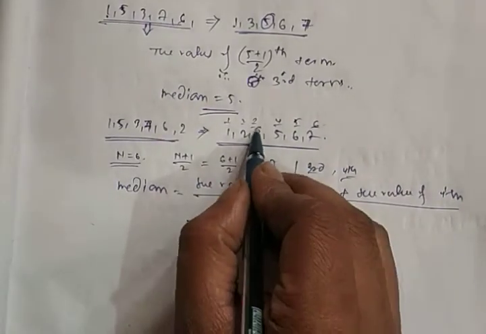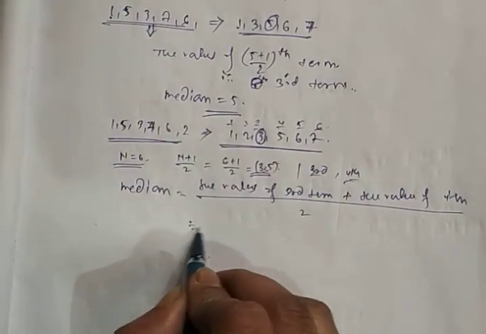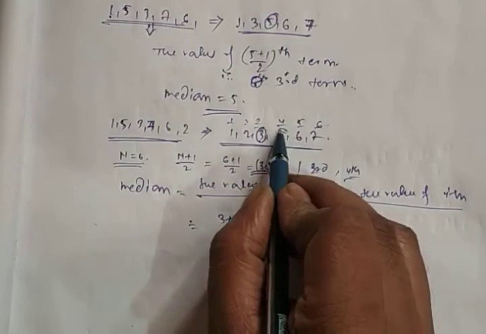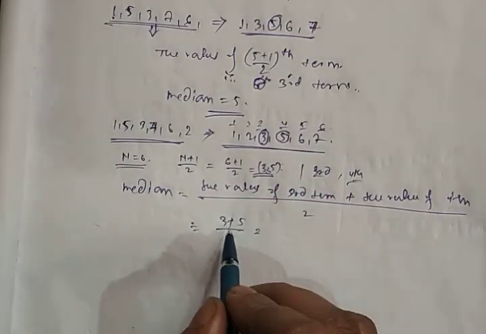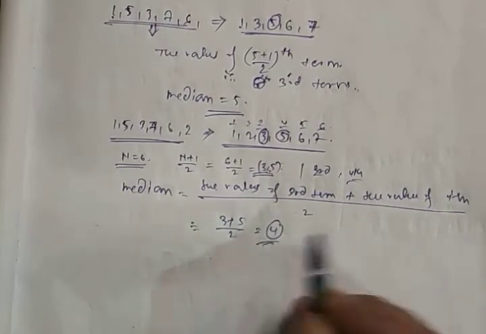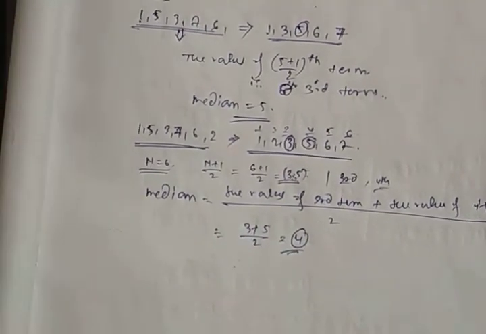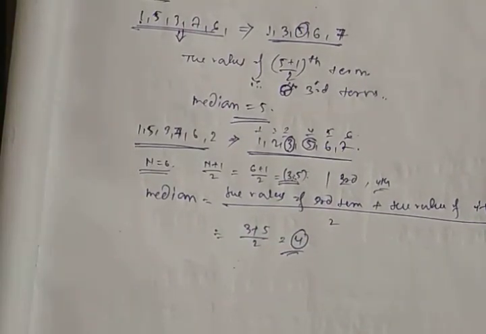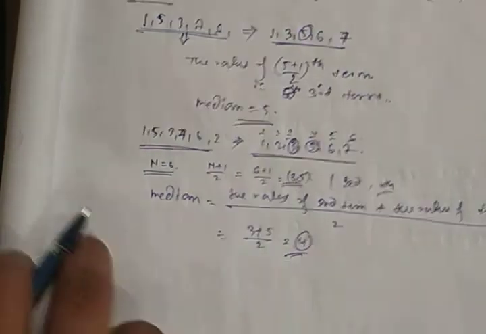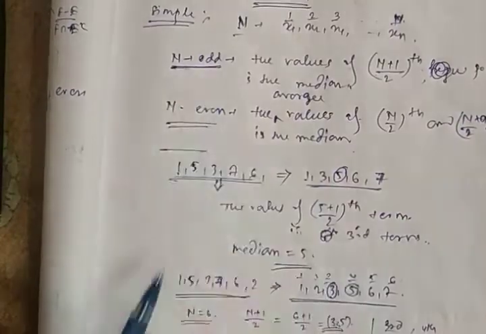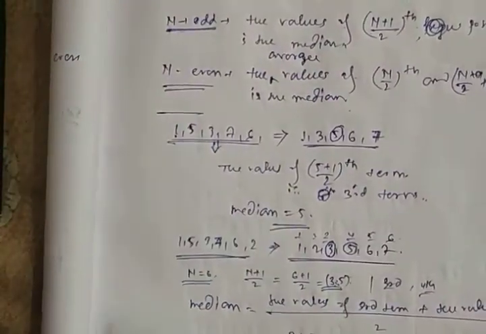The third term is 3 plus the fourth term 5, divided by 2, which is 8 by 2, which is 4. This is the required median for simple distribution. So there are two conditions: one if n is odd and one if n is even.